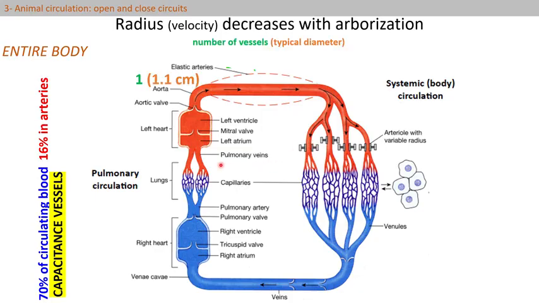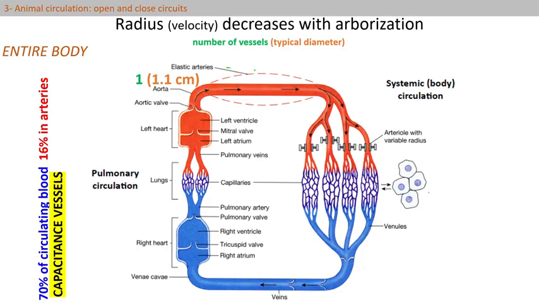Another thing I would like you to really understand is that the number of vessels changes while we move through the circuit. And with the number of vessels, the typical diameter of those vessels inversely changes. So let's go through the circuit. For instance, if we start with the left heart, you have the aorta.